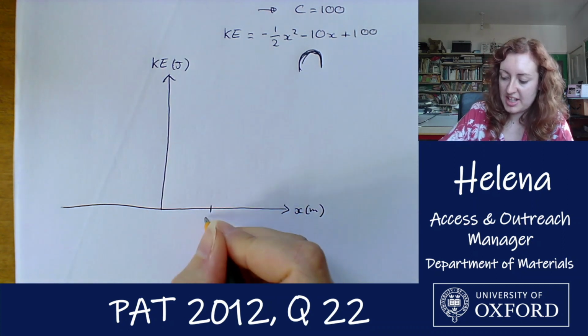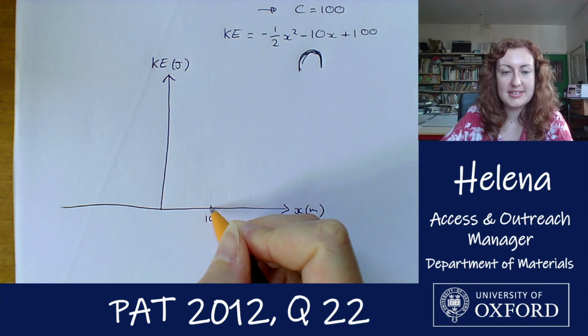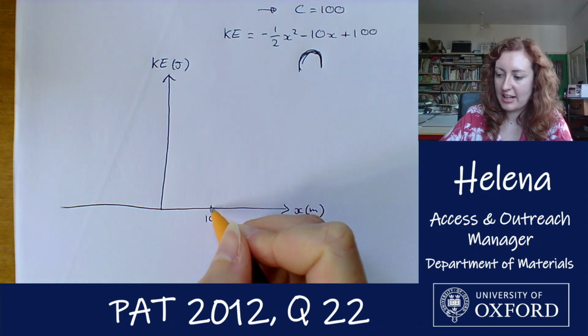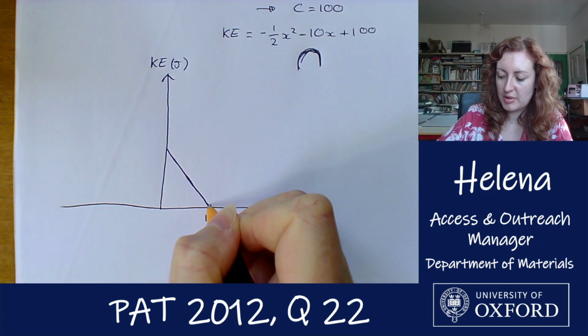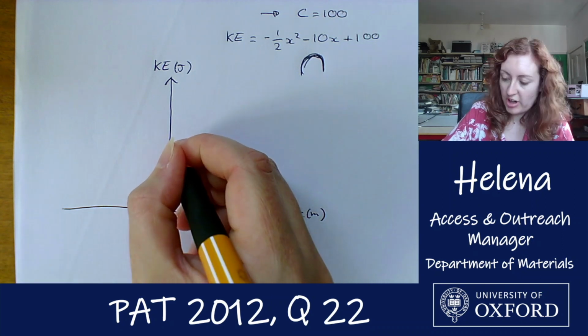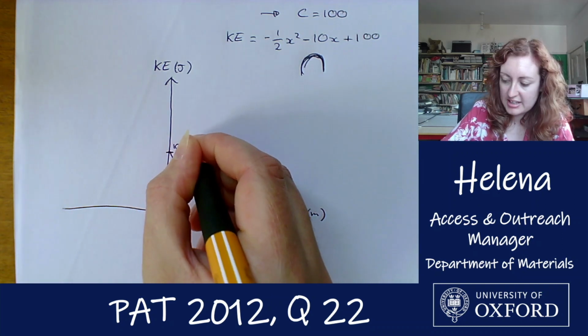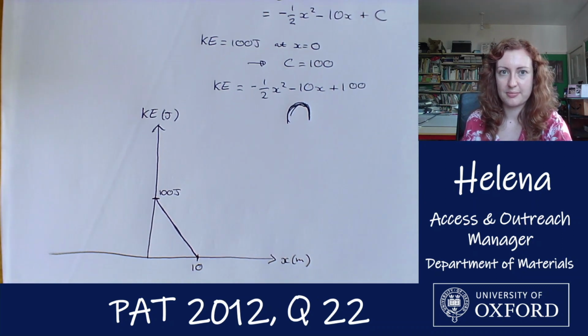From x equals 10, which is its starting point, we go from rest, so the kinetic energy is 0, and we have a linear graph that looks a bit like this. And that goes up to this value here. I'm going to write it on here so I don't get in the way of my sketch, of 100 joules, which is what we found in the first part of the question.